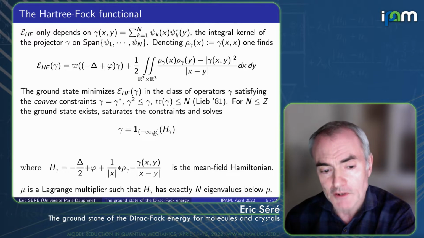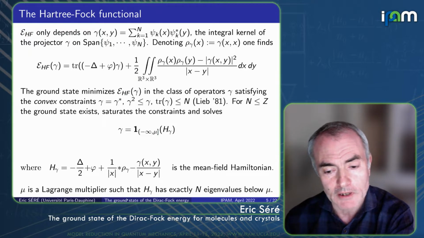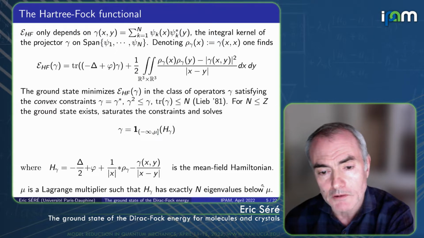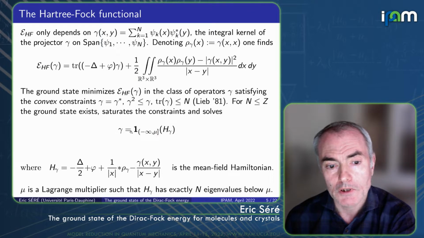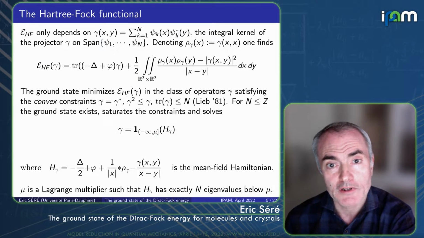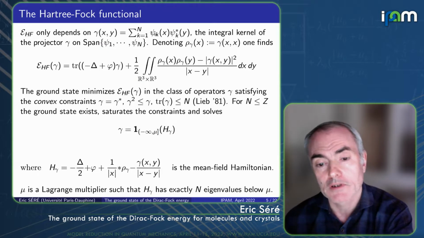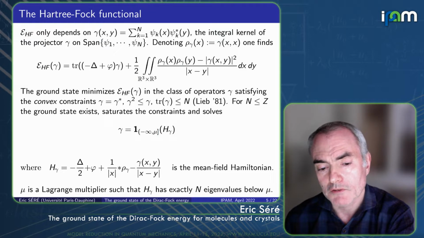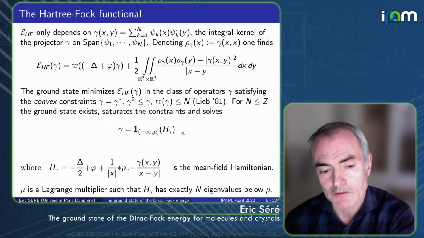Mu is not fixed in advance, but it is such that the mean field operator H gamma has exactly n eigenvalues below mu. Okay? And so gamma should be of the form which is here in the first line. It should be a projector of rank n, and the psi k's should be the wave functions that constitute the ground state Slater determinant.